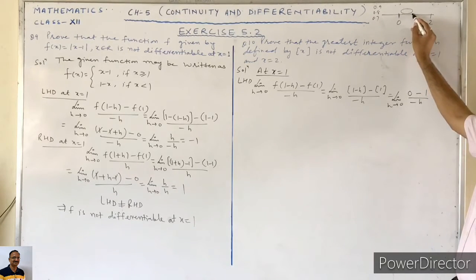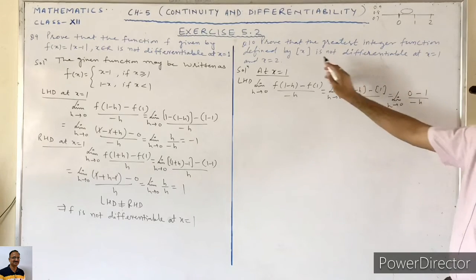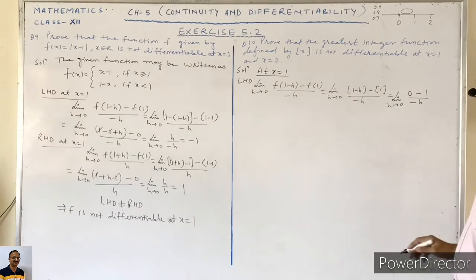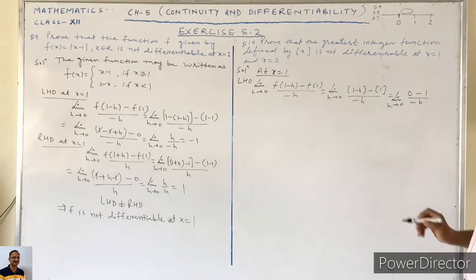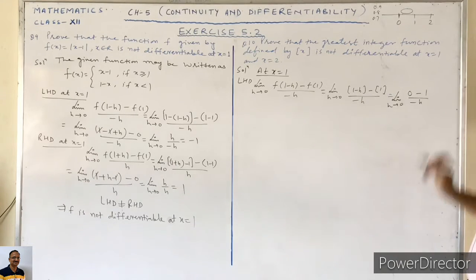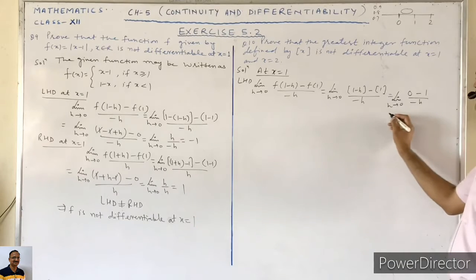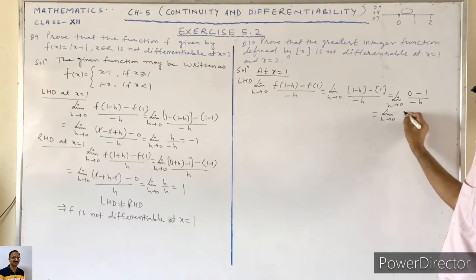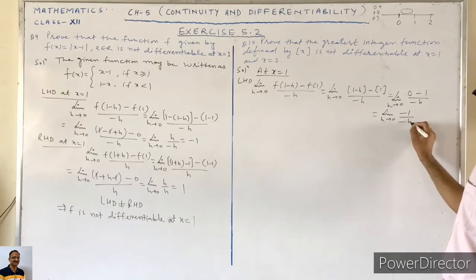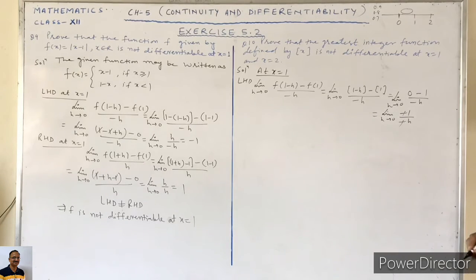So for all these values, the value of the greatest integer function is 0. That's why the value of [1 minus h] is 0 and the value of [1] is 1. Now this is limit h tends to 0 of minus 1 by minus h, minus and minus cancel out. When we put h equals to 0, this is not defined.